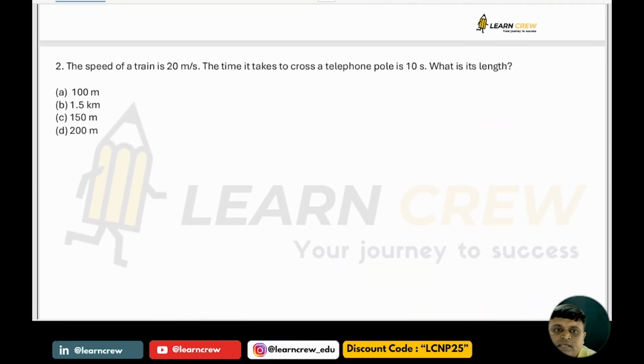Next, the speed of a train is 20 meters per second. The time it takes to cross a telephone pole is 10 seconds. Then find the length. I have already explained this just now. A train crosses a telephone pole. When a train crosses a telephone pole, the distance covered is nothing but its own length.